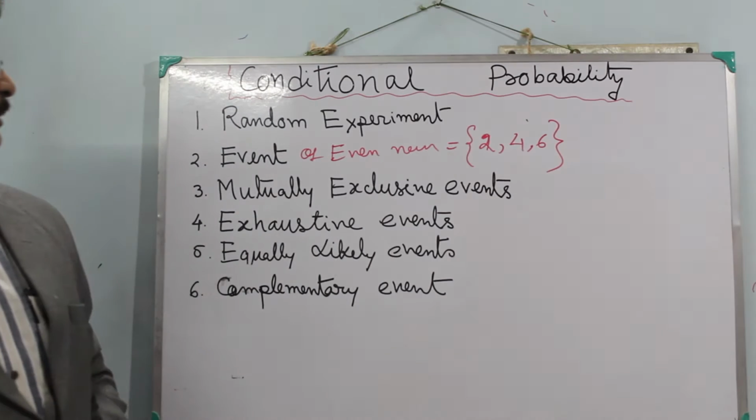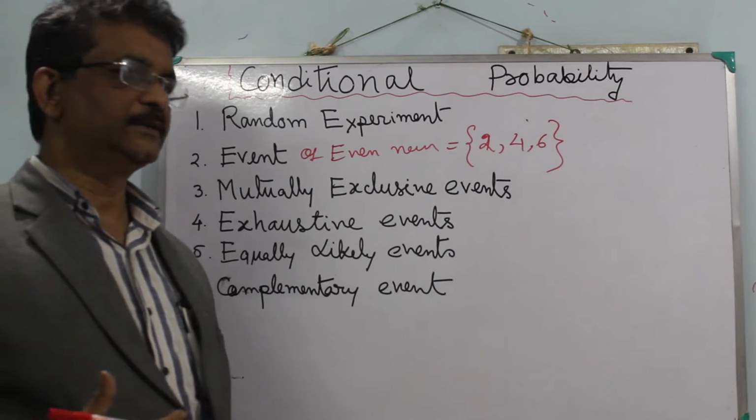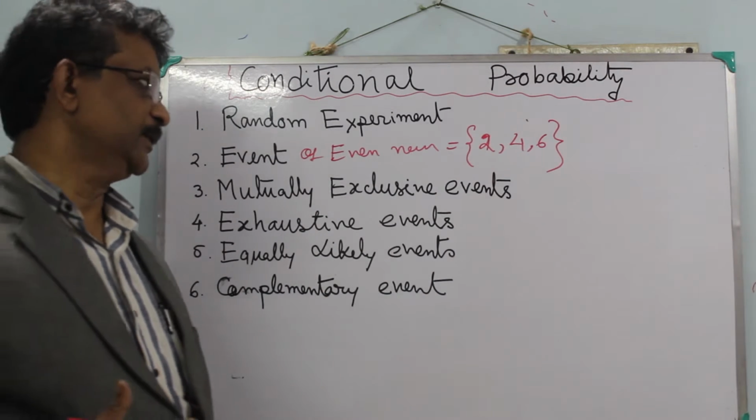If the event is getting an odd number in throwing a dice, it will be 1, 3 and 5.